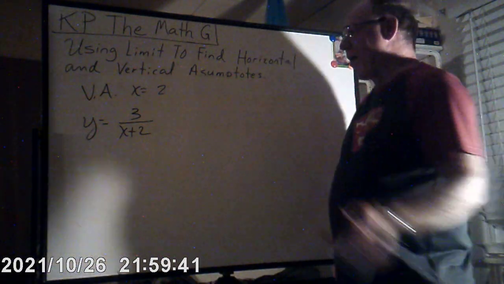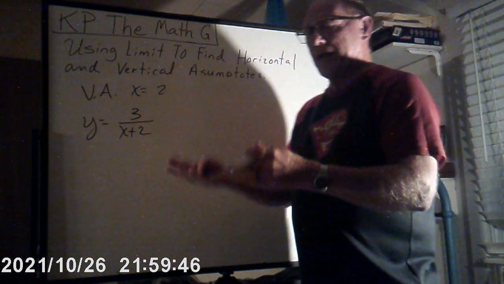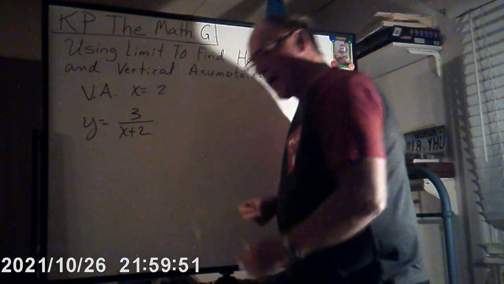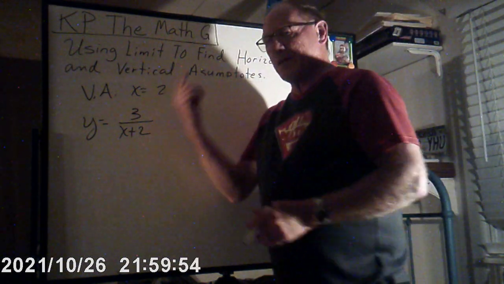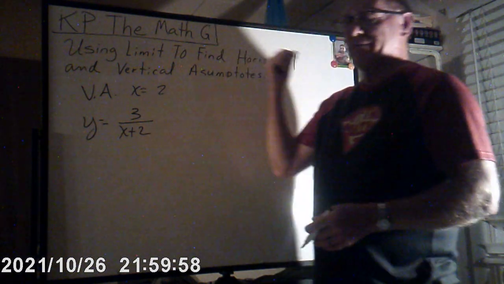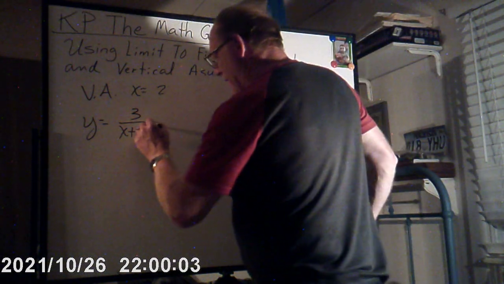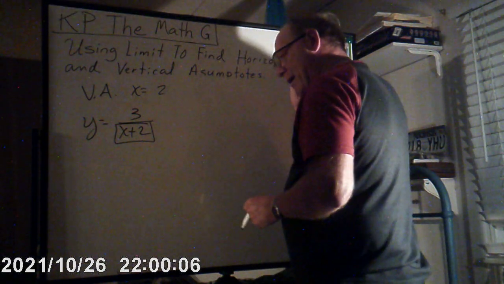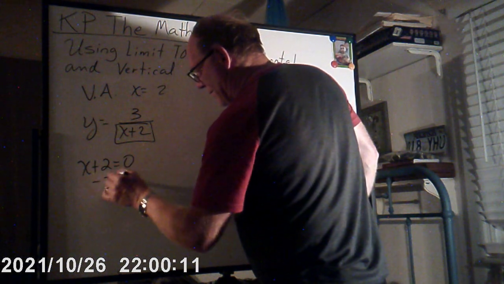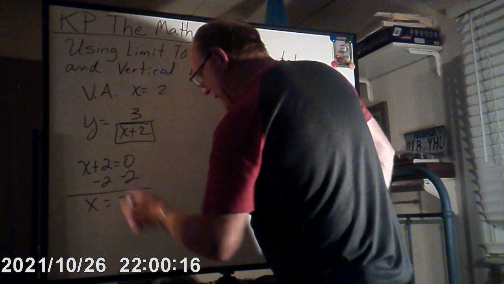Now, we're not going to see a limit of infinity here, although we do have infinity when we graph, but we're not going to have a limit as x approaches infinity like we did with the horizontal. The vertical is just, we're going to look at this denominator right here, and we're going to set this denominator equal to 0, and of course easily done, x is equal to -2.